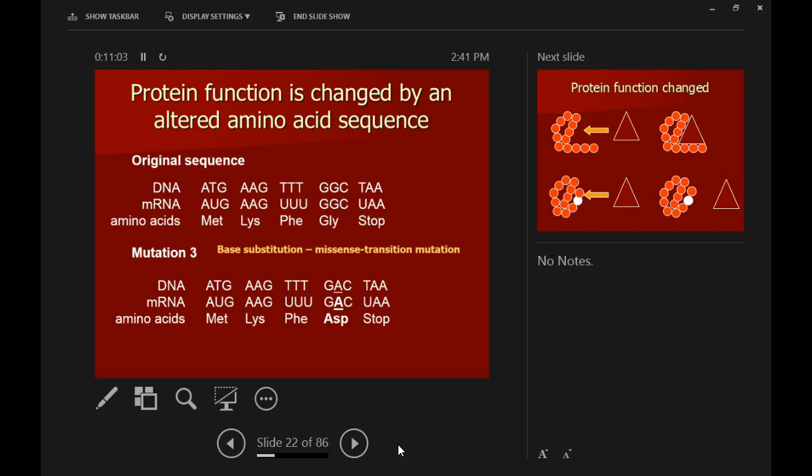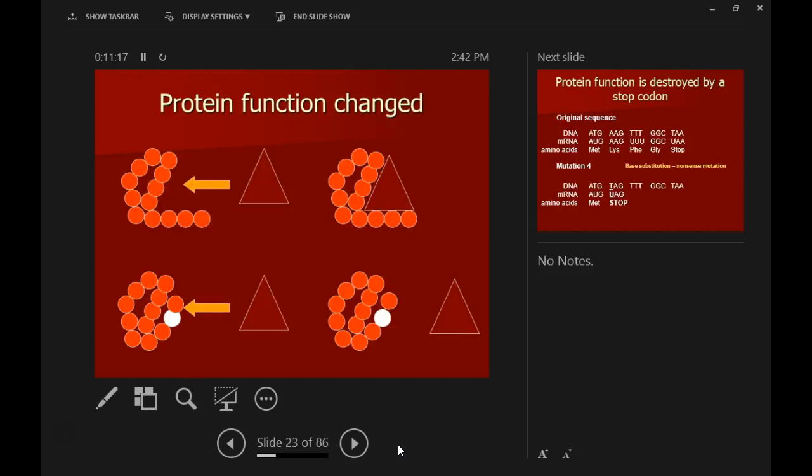Now, let's say this is a vital amino acid, one that has a big influence on how the protein folds. So we end up with a protein folded in such a way that we've lost the receptor site.